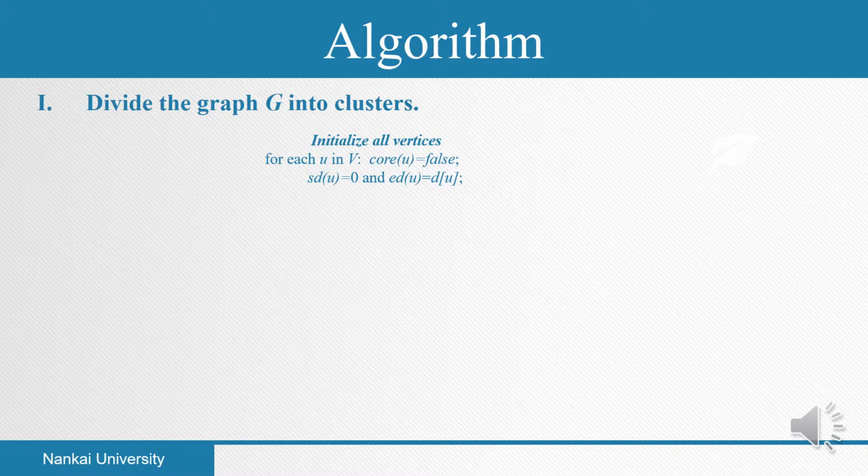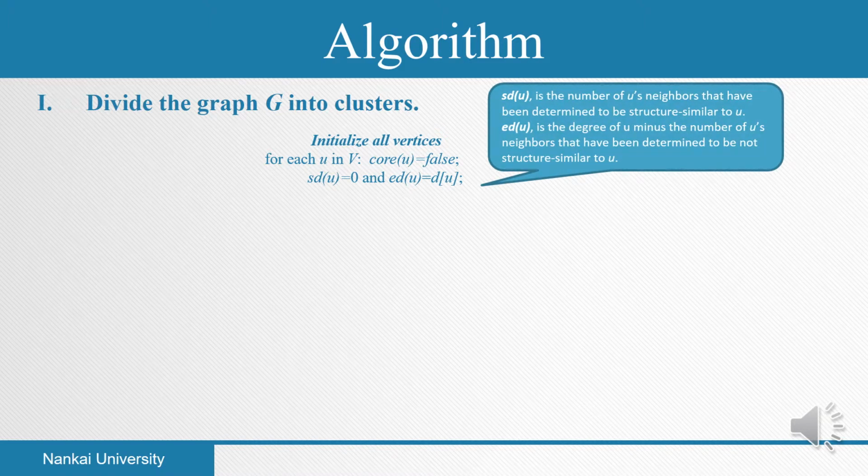At the meantime, we incrementally maintain an effective degree ED(U) and a similar degree SD(U) for U. SD(U) is the number of U's neighbors that have been determined to be structure similar to U. ED(U) is the degree of U minus the number of U's neighbors that have been determined to be not structure similar to U.